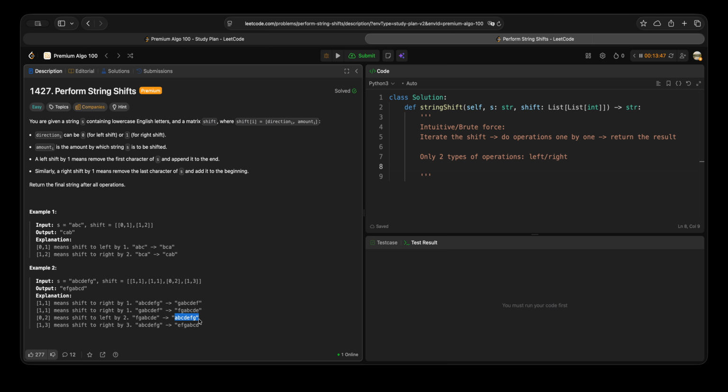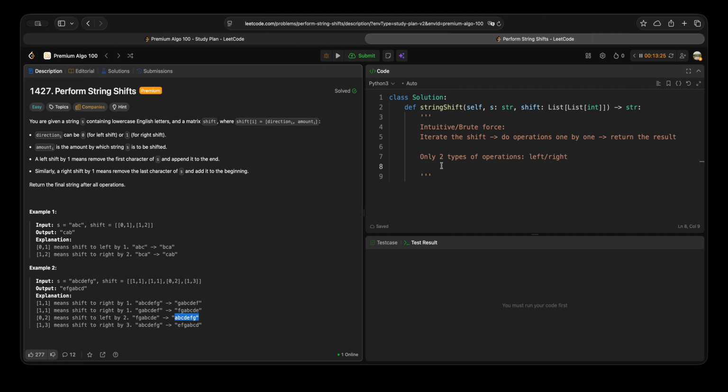So why don't we just count how many left and how many right operations we have, and get a final absolute number of operations? Well, I say absolute, but it can be negative.